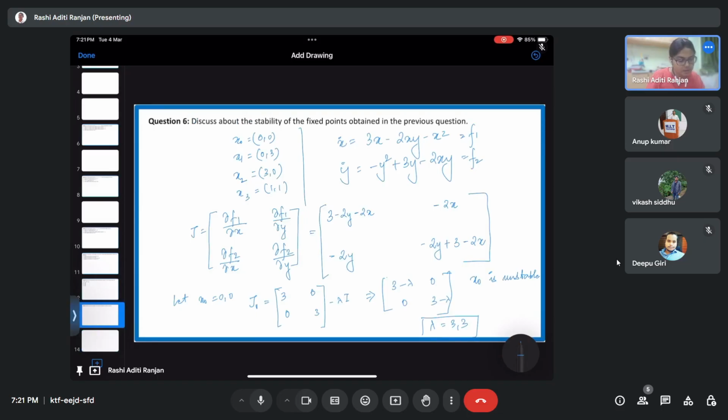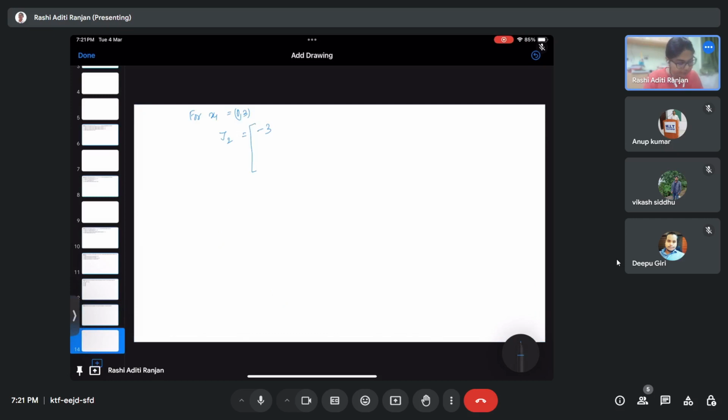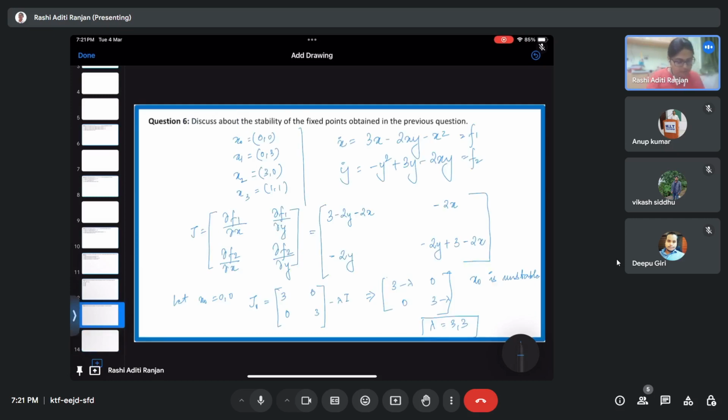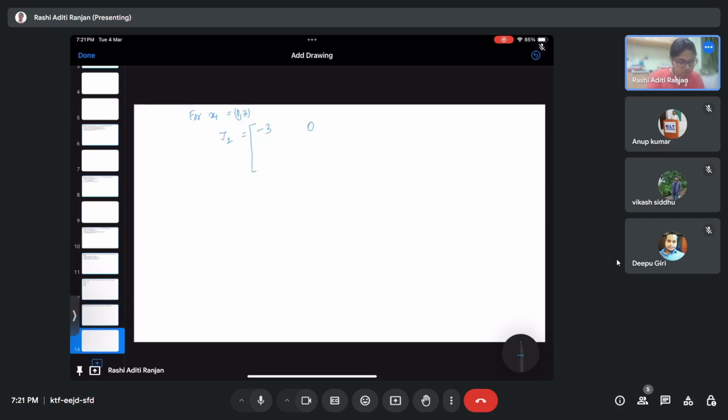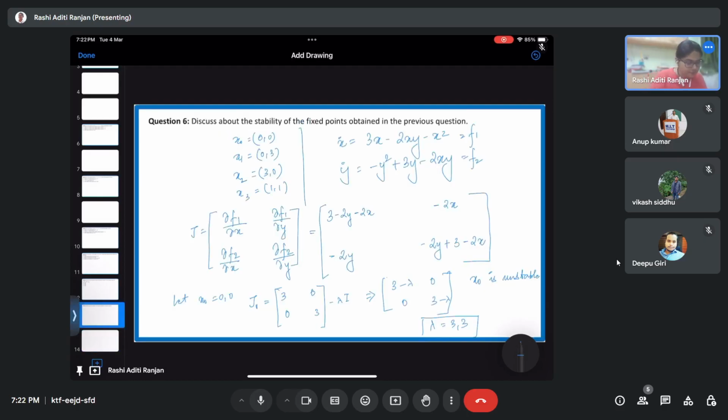So y gives 3 minus 6, which is minus 3. Then minus 2x will be 0. Then minus 2y, which will be minus 6. And then we have 3 minus 6, again minus 3.